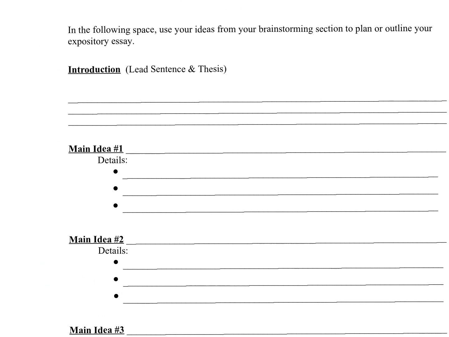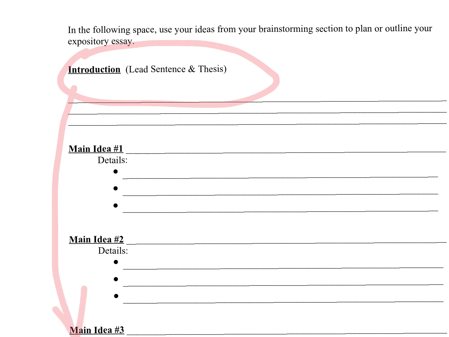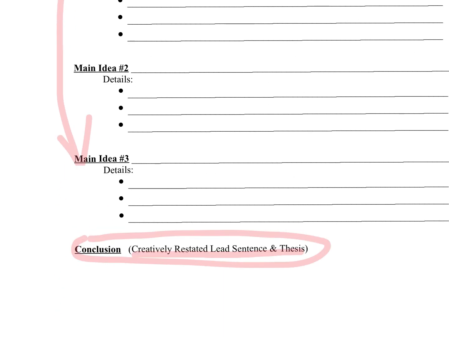So what you want to do is take what you wrote up top here in this section, and you want to bring it down, even further down than that, to your conclusion. The same information, but just restated in a different way.